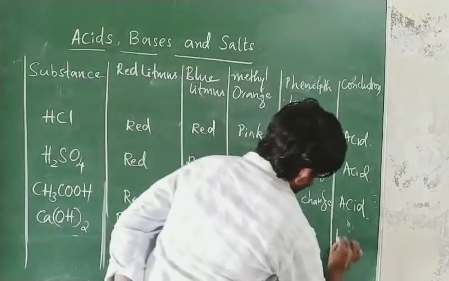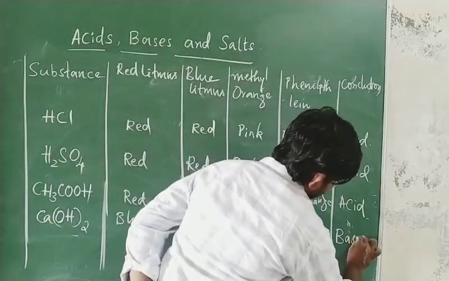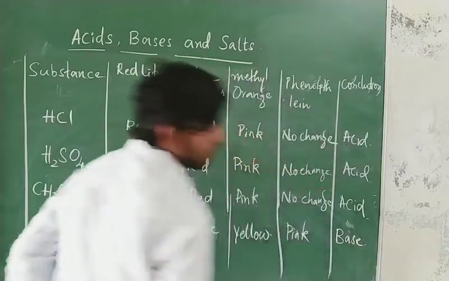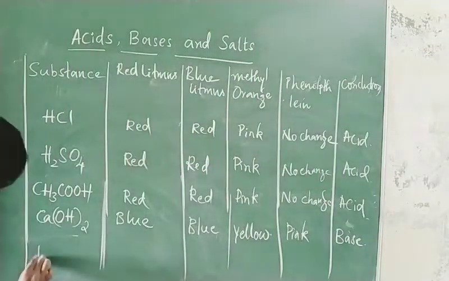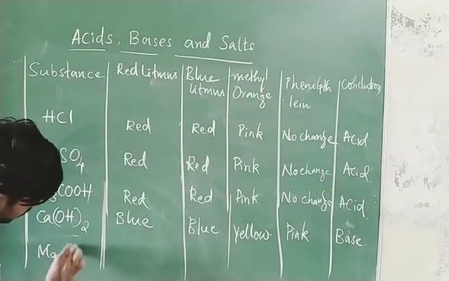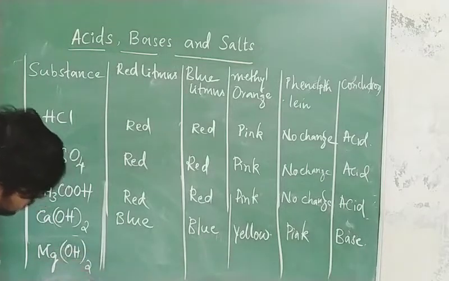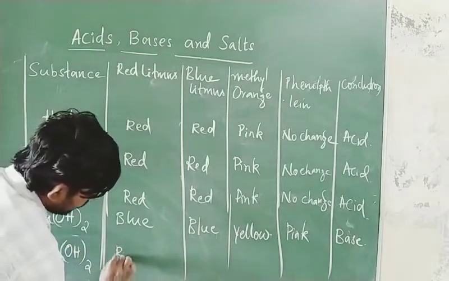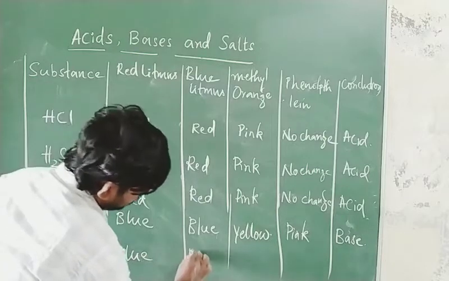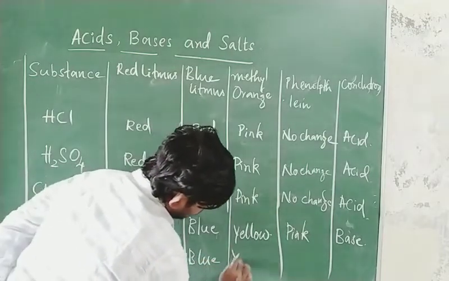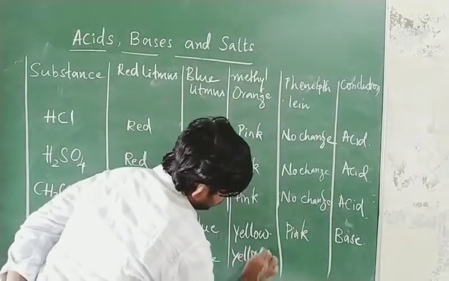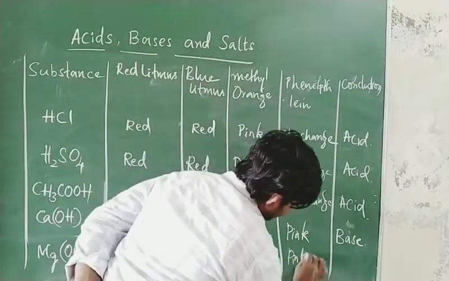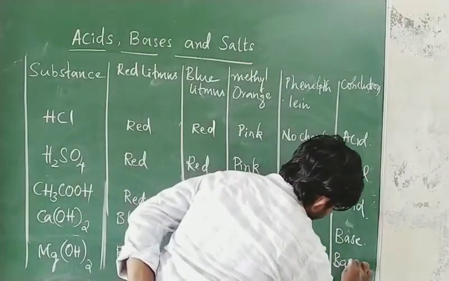Then it is nothing but a base. Okay, similarly, magnesium hydroxide, milk of magnesia we are going to call it: blue color, yellow color, pink color. This is nothing but a base.